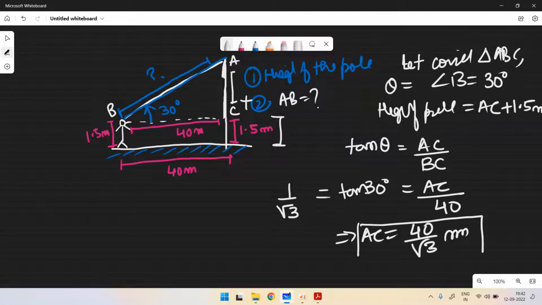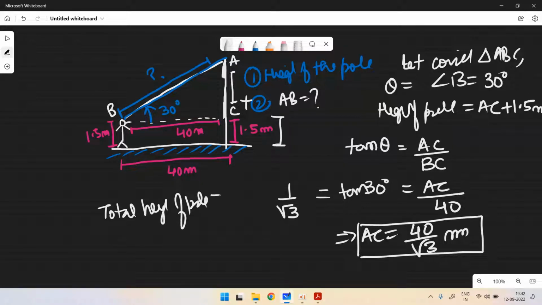Now this AC is not the total height, because AC is the height minus the height of the person. So if you substitute, the height of the pole will be 40 by root 3 plus 1.5 meters. This will be your answer.